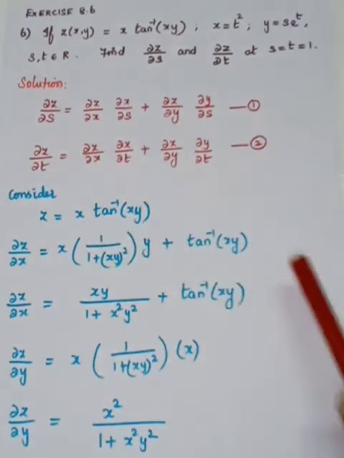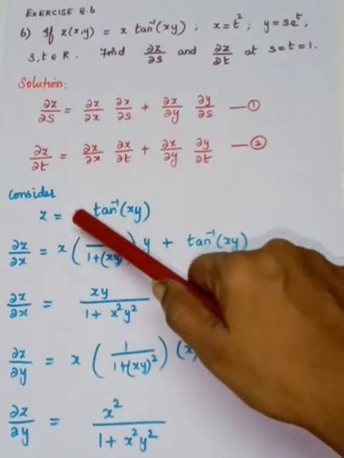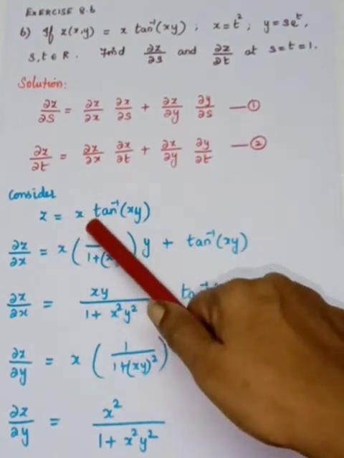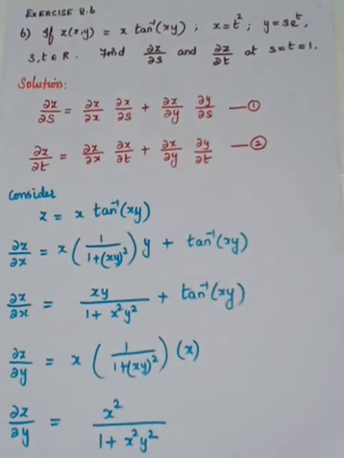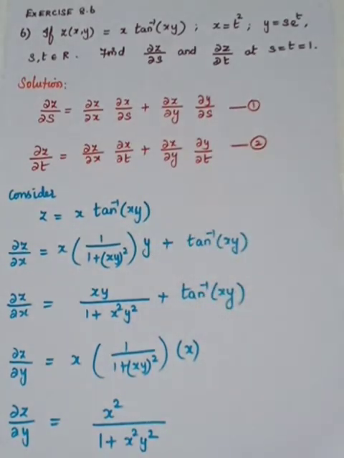Both are in a product, so we have to use the product rule. In the product rule's first step, the u term is written as it is and you differentiate the other term. It is in the form of tan inverse of xy, so xy has to be taken as x. It is in the form of tan inverse of x. What is the differentiation of tan inverse of x with respect to x?